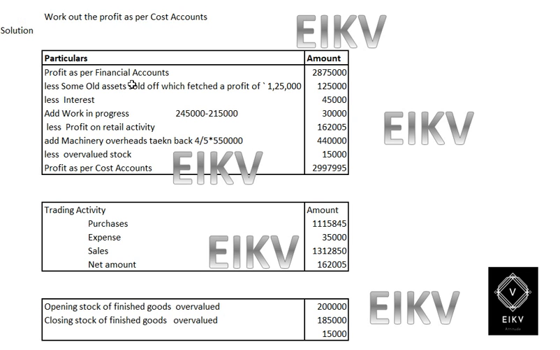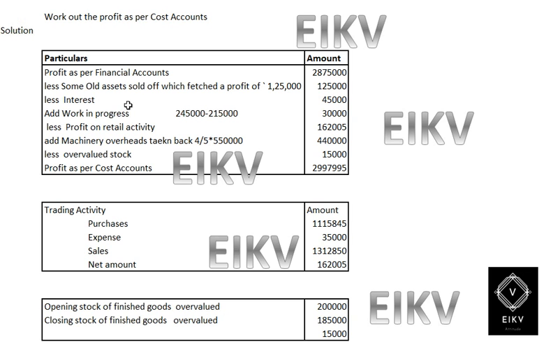Such incomes are this profit on sale of old machinery, then interest income, then profit on trading activity, etc. These incomes are classified as incomes which form part of financial statements but will not affect the cost statement. So we need to deduct such incomes to get to the costing profit.